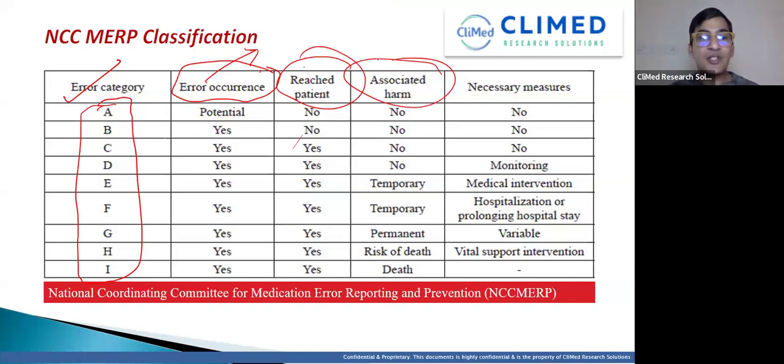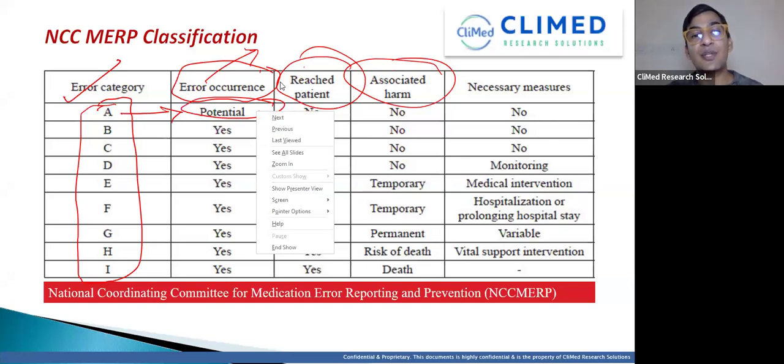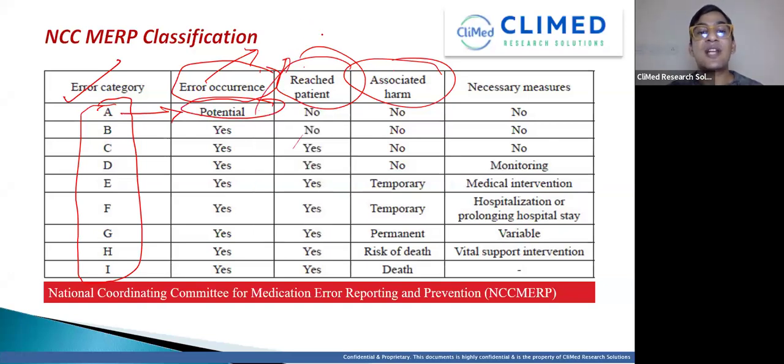So the first is category A. That is one of the most potential errors, but not reaching the patient. Here come the manufacturing errors and packaging errors. These errors have major potential to harm the patient, but they are not reaching the patient. B is also an error that occurs but does not reach the patient.